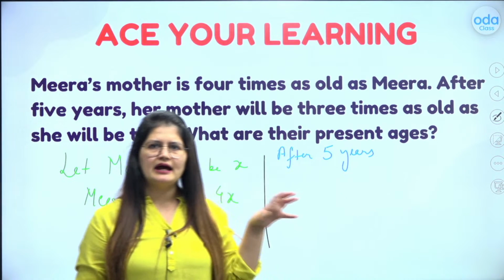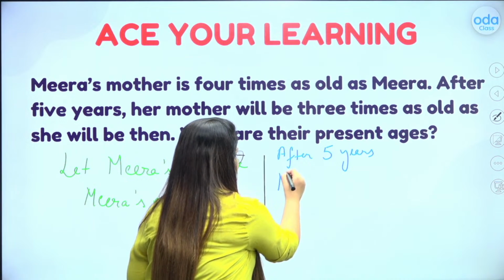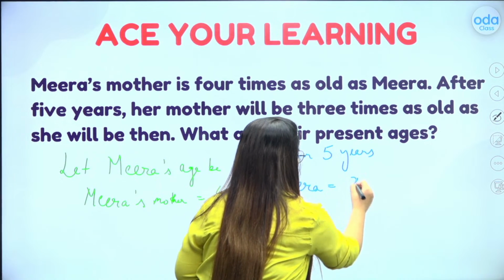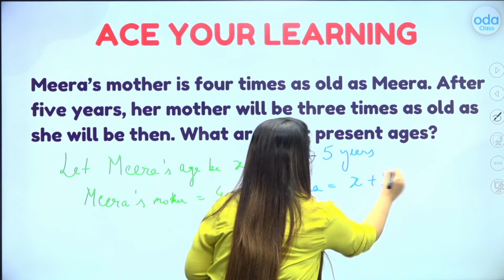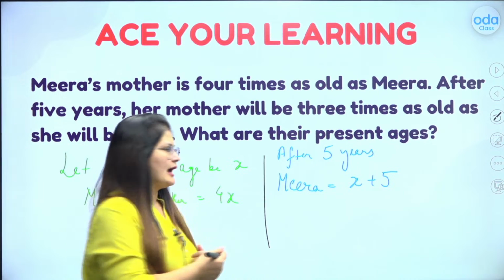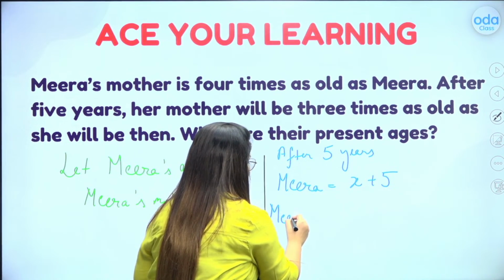The age of Meera as well as of her mother is going to increase. So after 5 years, Meera is going to be x plus 5. I hope you all agree that the age of Meera is of course going to increase by 5 years. And what will happen with Meera's mother? Her age will also increase.